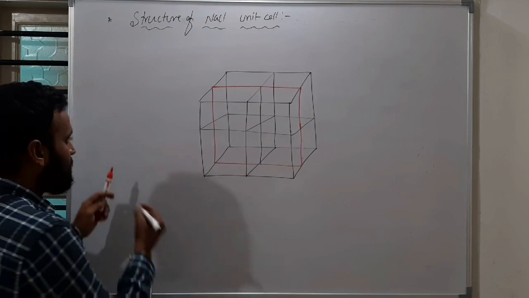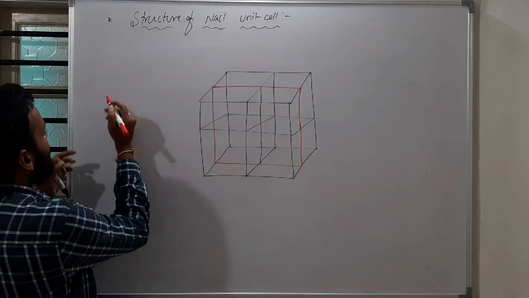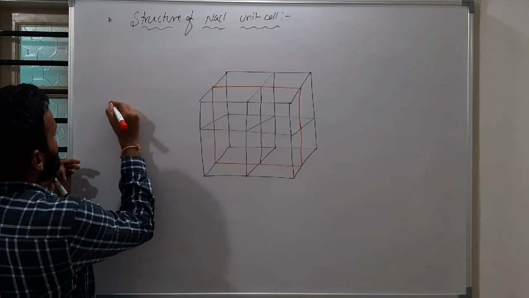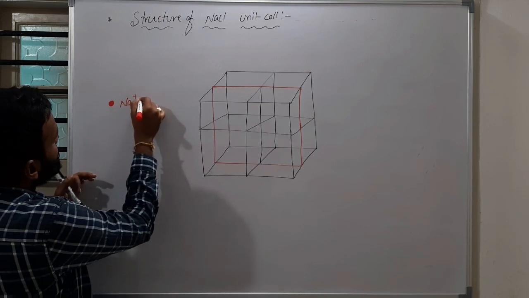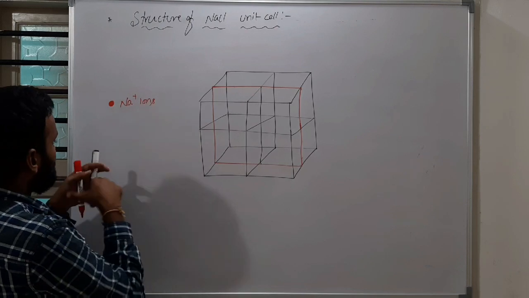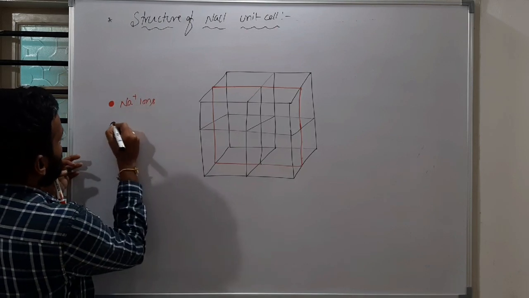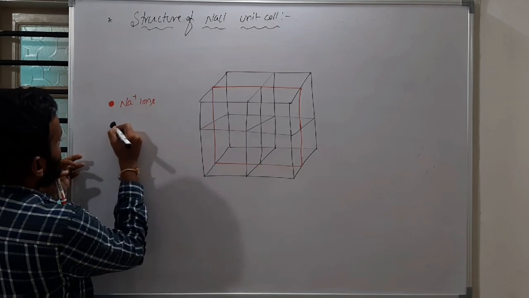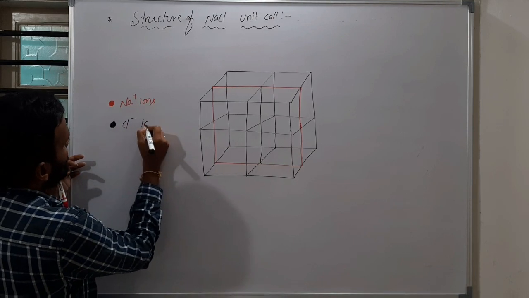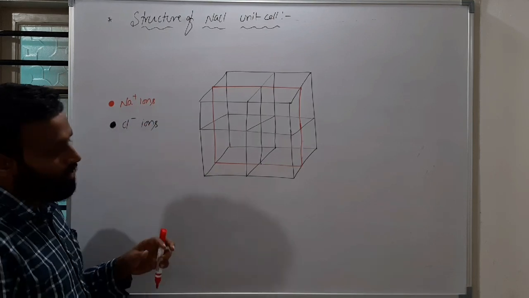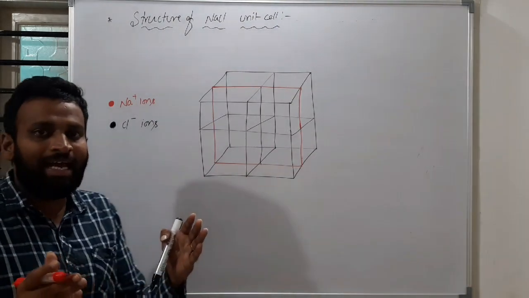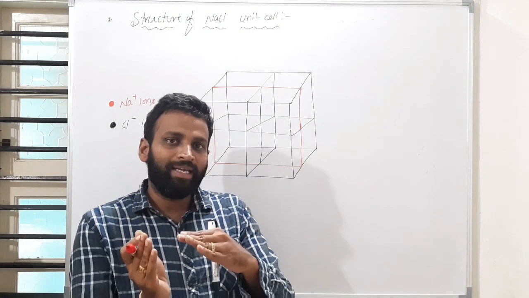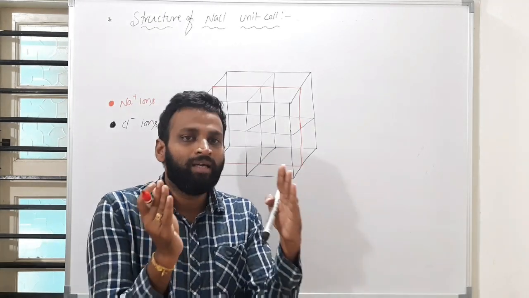Here suppose Na+ ions are the red color dots, and Cl- ions I am representing with black color. Because NaCl has an ionic bond, Na+ and Cl- are adjacent.